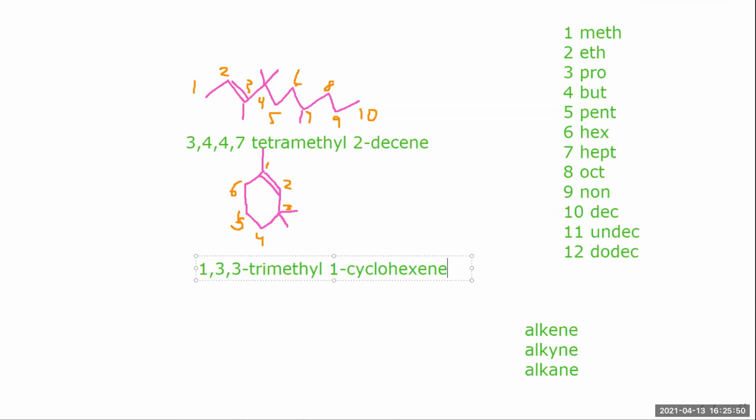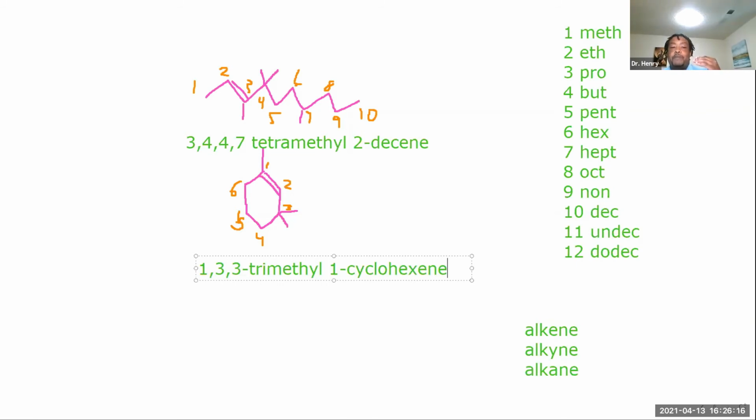Okay. So you guys ready to move on to the next part? So far we've only talked about hydrocarbons, right? There are more things than hydrocarbons. We have other functional groups, and that's what I'm going to introduce to you.